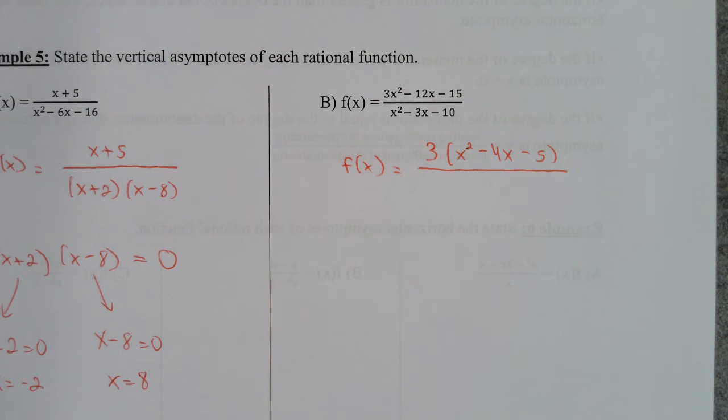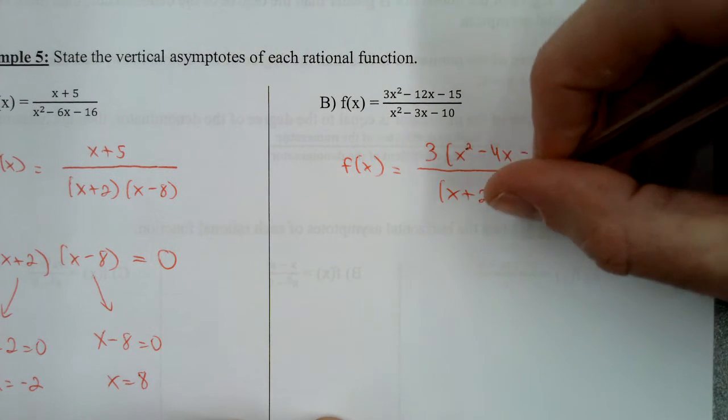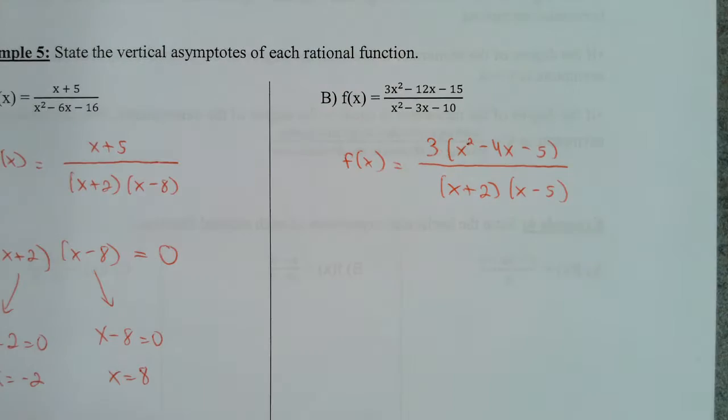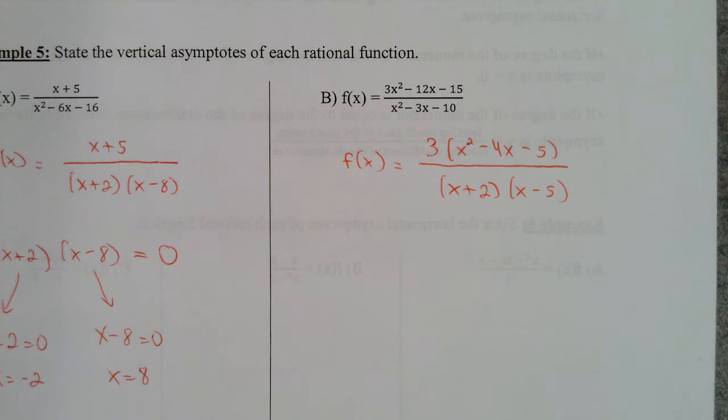To factor the denominator, find two numbers that multiply to negative 10 and add to negative 3. So it'll be x plus 2 times x minus 5. Now you have to factor the numerator again because it can still be factored. So in the parentheses, find two numbers that multiply to negative 5 and add to negative 4.